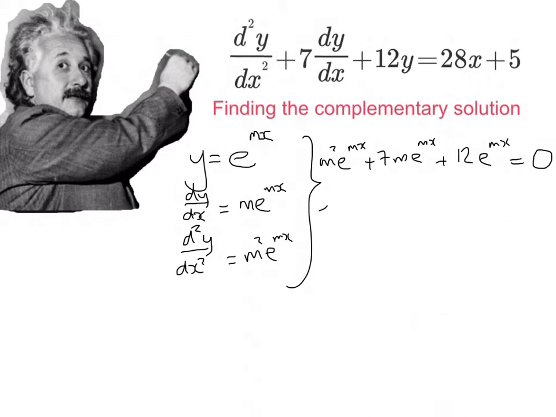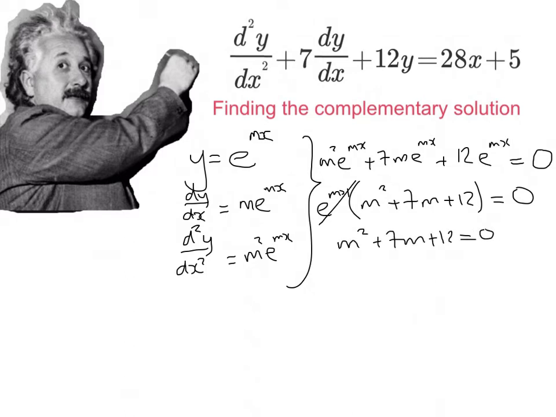Okay, let's pull out the e to the mx. That leaves me with m squared plus 7m plus 12 equals 0. Well, e to the mx can't equal 0, so that leaves me with m squared plus 7m plus 12 equals 0, which gives me m plus 3 times m plus 4 equals 0, which gives me m, oh, 2 m's, minus 3 and minus 4.